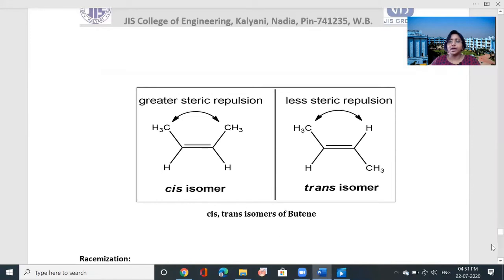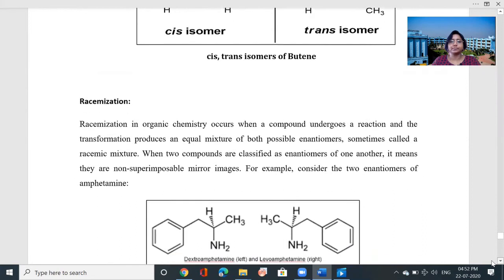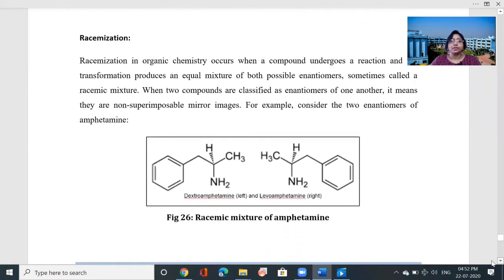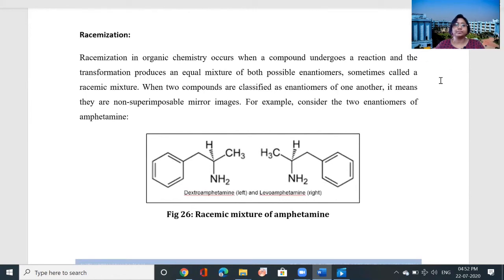Next, I will tell about racemization. So what is racemization? Racemization in organic chemistry occurs when a compound undergoes a reaction and the transformation produces an equal mixture of both possible enantiomers, sometimes called a racemic mixture.